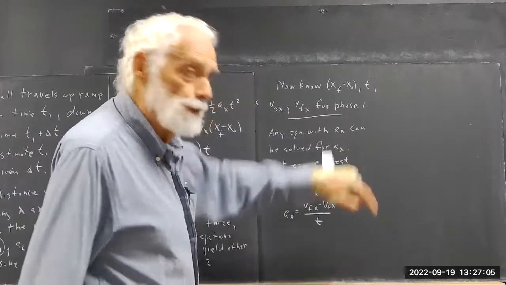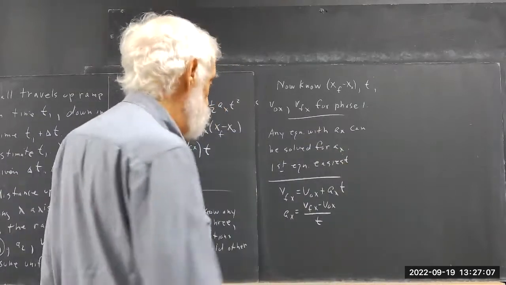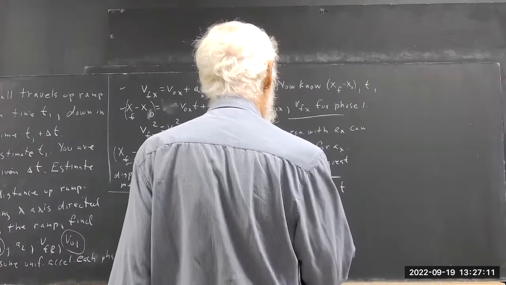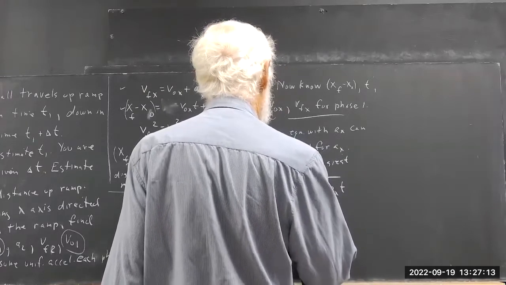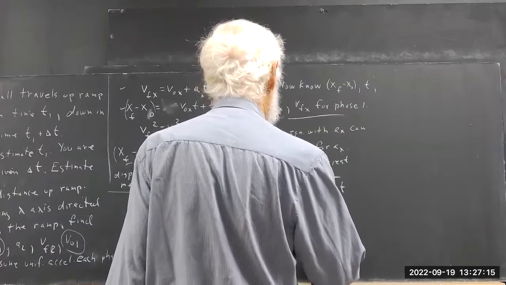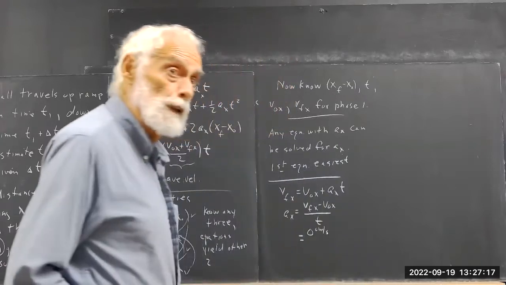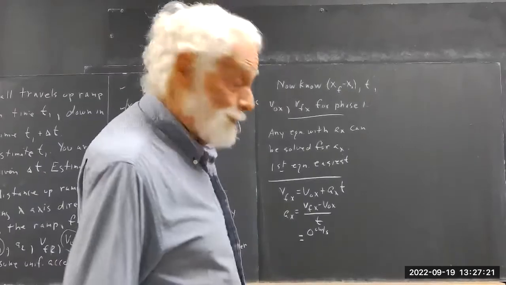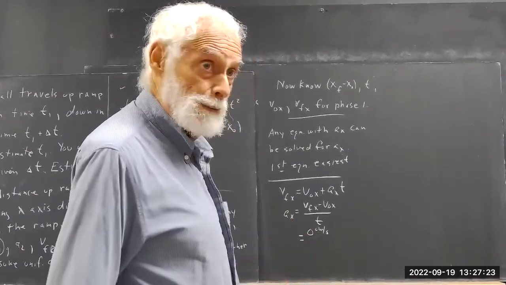You subtract this from both sides, divide by t. And that equals, I really want to see the units, not just numbers, not just tacked on at the end, at least in this calculation.